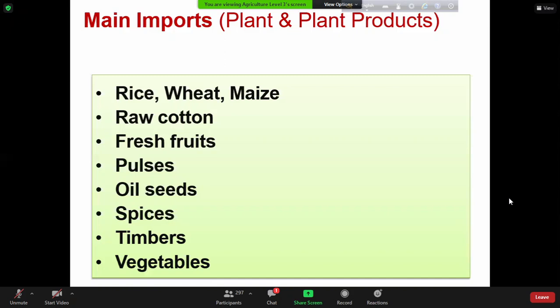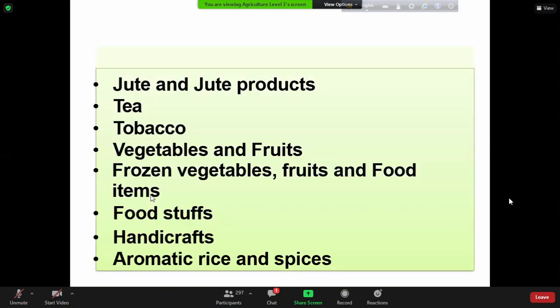We also import wheat, maize, raw cotton, fresh fruits, pulses, oilseeds, spices, timber, vegetables, and a number of other products. For example, jute, tea, tobacco, frozen vegetable foods, foodstuffs, handicrafts, aromatic rice, and spices. So these are the plants and plant products we import from foreign countries.